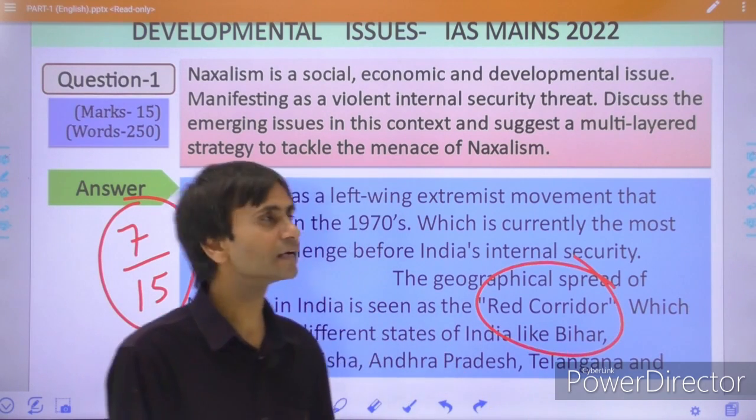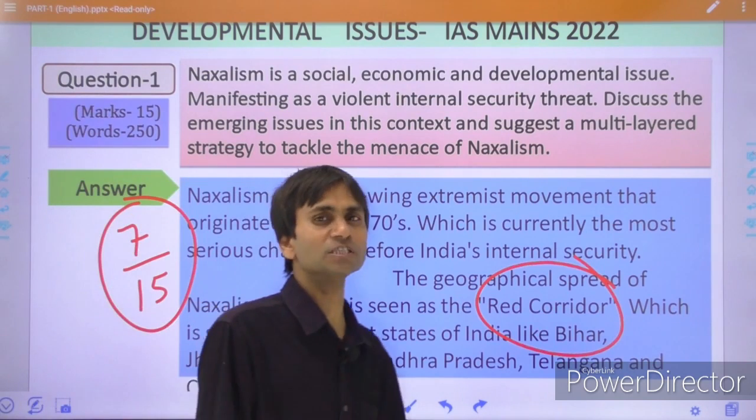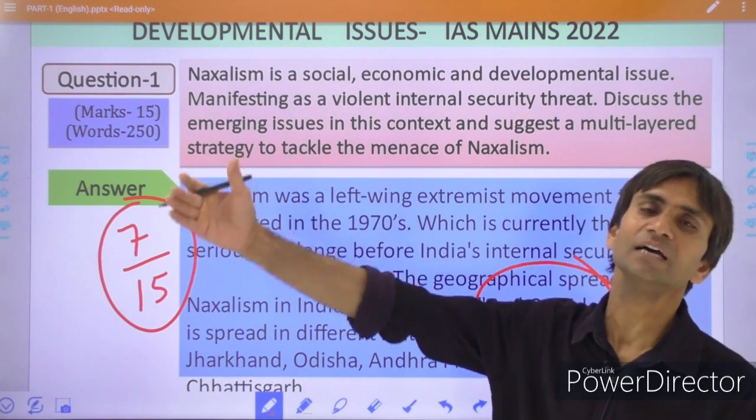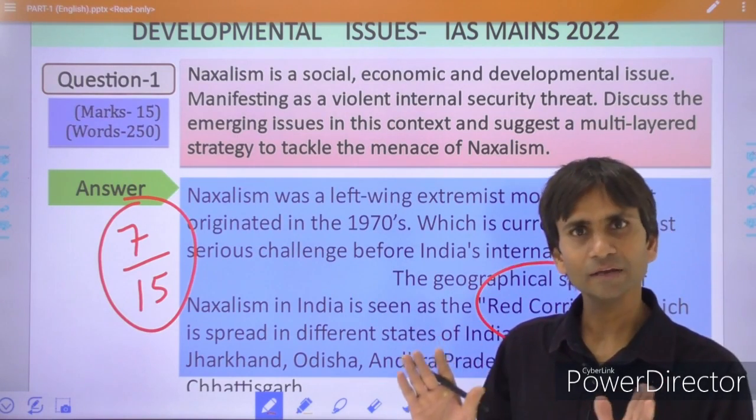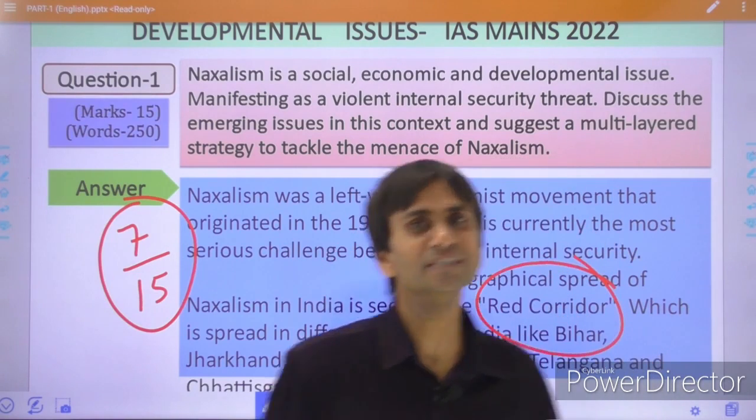So definitely it is a developmental issue, because the Naxalite people have the least possibility of development when compared with other parts of the country. Okay, this is the answer according to the question, the between-the-lines answer.